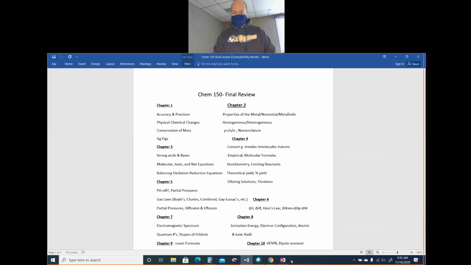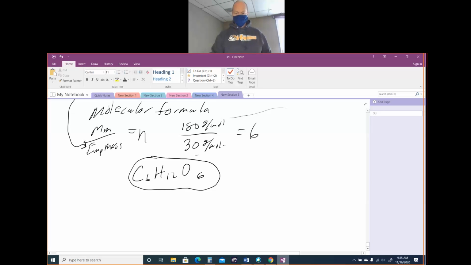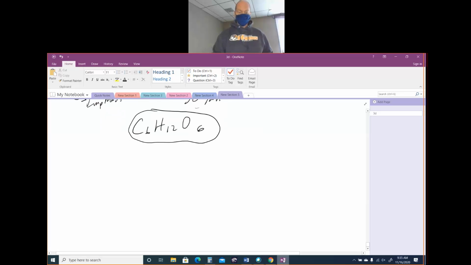Stoichiometry, limiting reagents. All right, so these are very difficult. Let's see, what do we want to pick? Let's pick something simple. Carbon plus oxygen yields, oh, it's too simple.